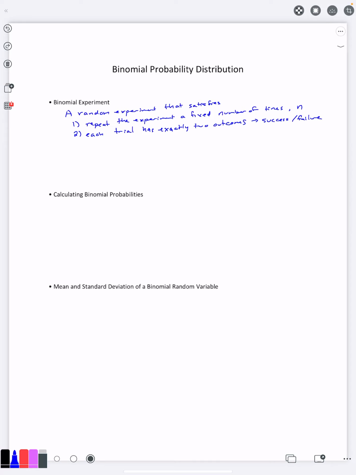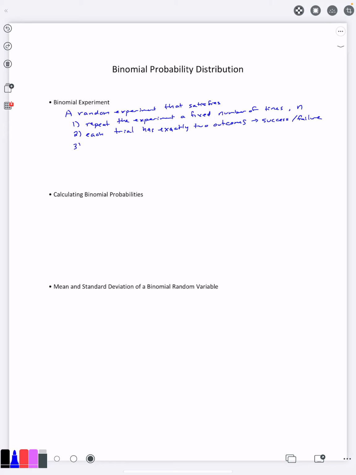So it's unfortunate that this was decided, I don't know how long ago, but we call the 2 outcomes success and failure, and they don't actually mean something positive or something negative. It's just a way to separate the 2 outcomes in some fashion that we all agree on. You can call it A and B, you can call it true and false, whatever it may be, but the standard in every book is success and failure.